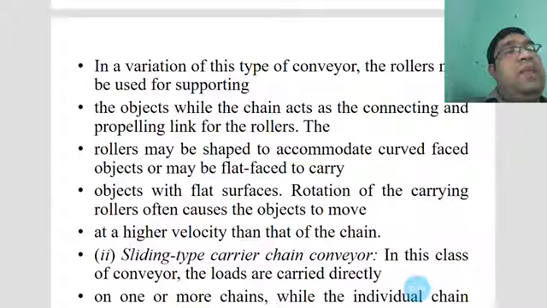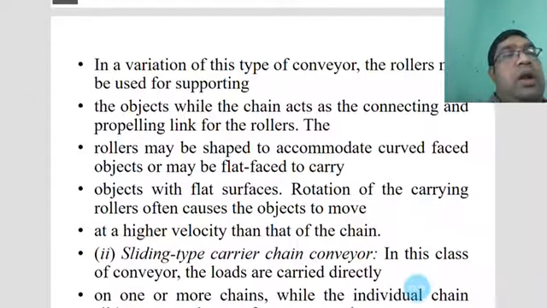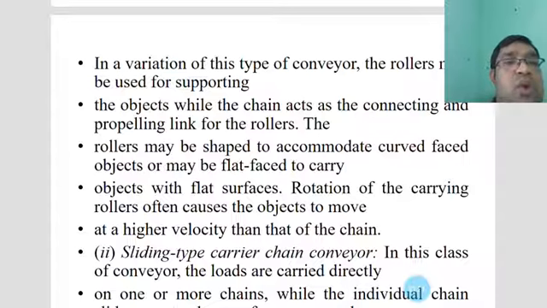Similarly, in the variant of this type of conveyor, the rollers may be used for supporting, like the idler pulleys, and the objects, while the chain acts as the connecting and propelling link for the rollers.